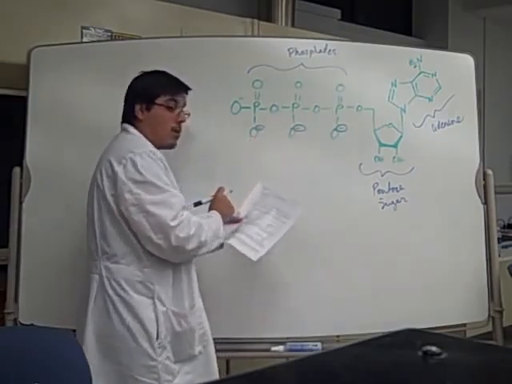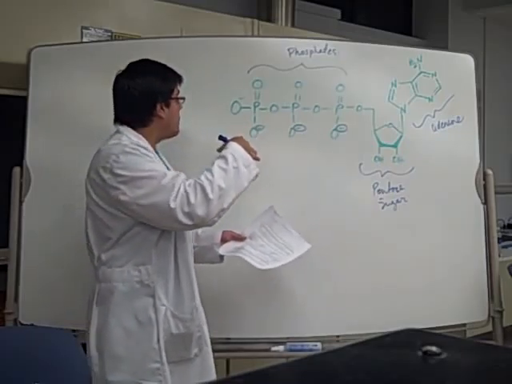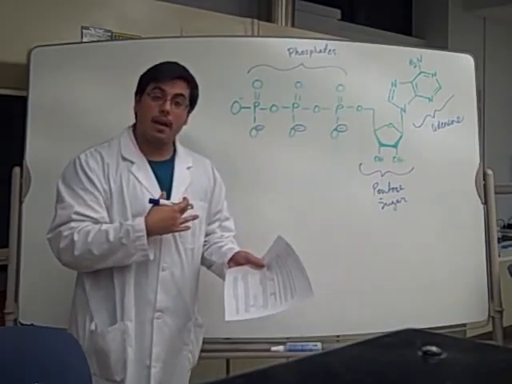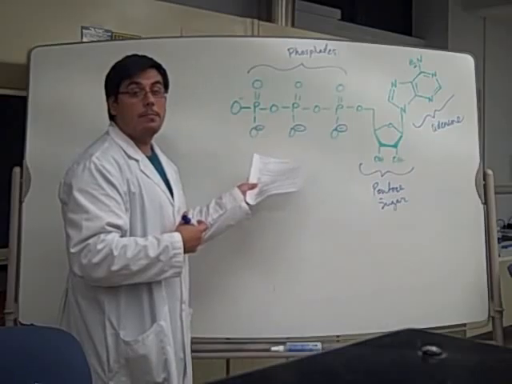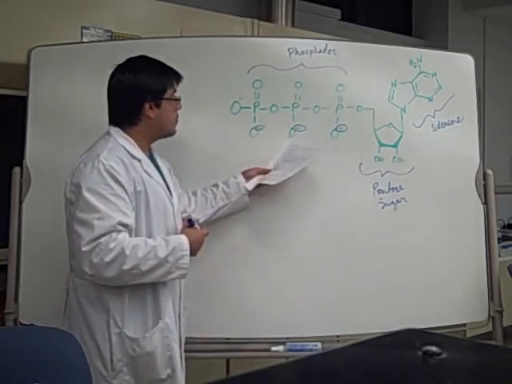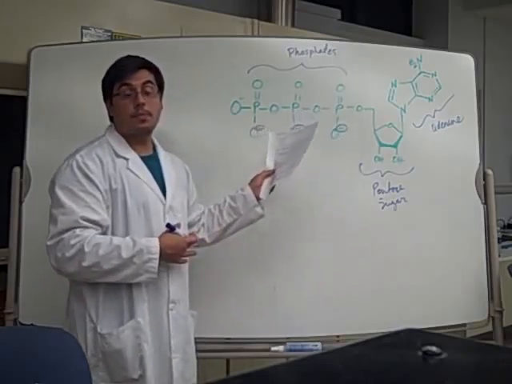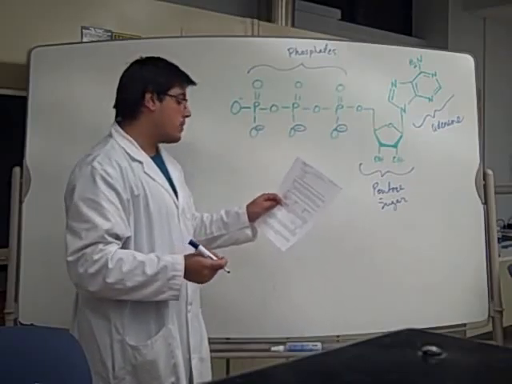So they want to get away from each other as quickly as possible. So any little molecule that can come by is easily phosphorylated because of this interaction between these three phosphate groups. Because of the highly negative charge on each one, it wants to break apart.